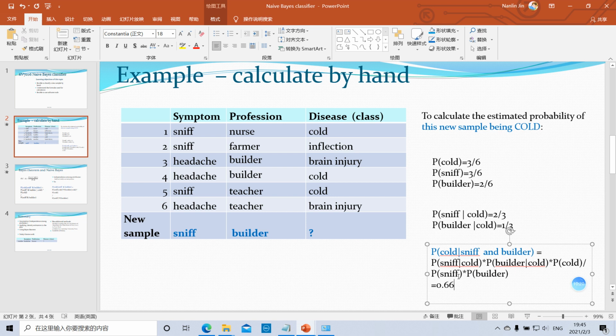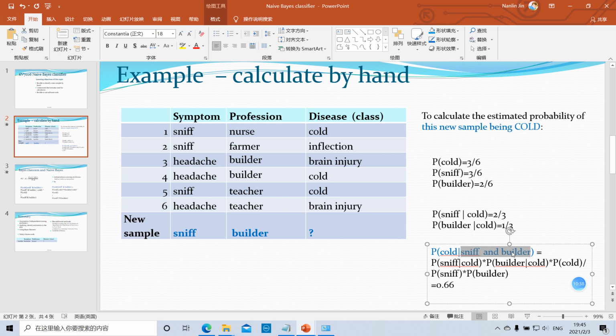So what this 0.66 tells us is, given the two feature values, sniff and builder, the probability that this patient has a cold is about 66%.